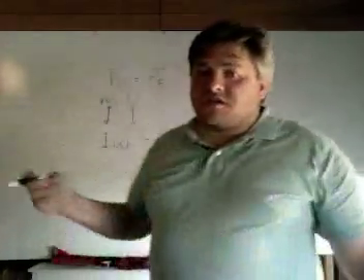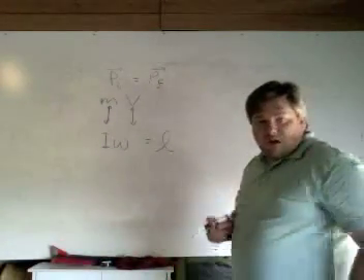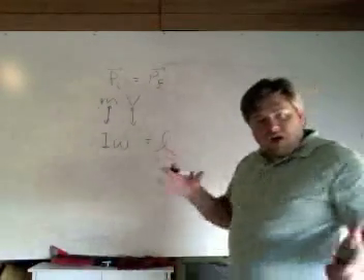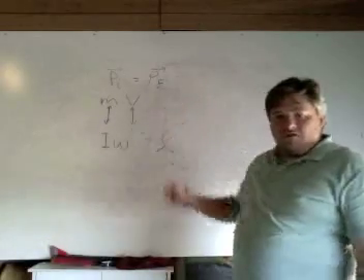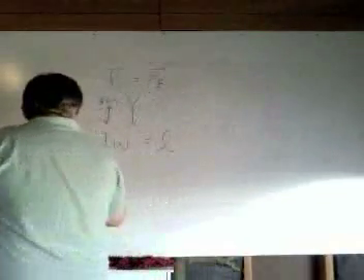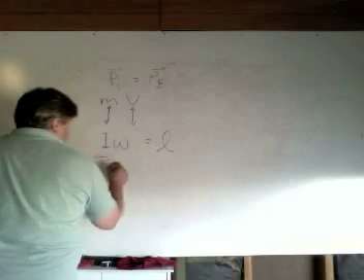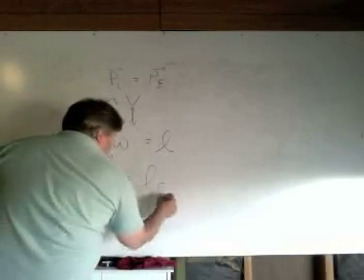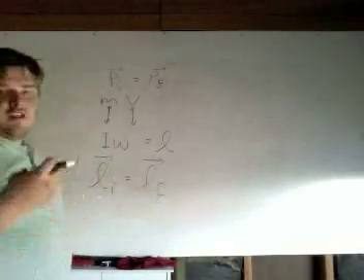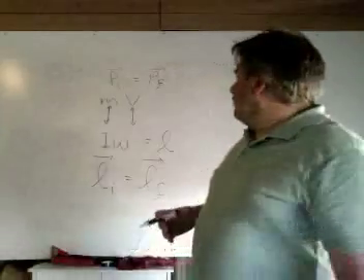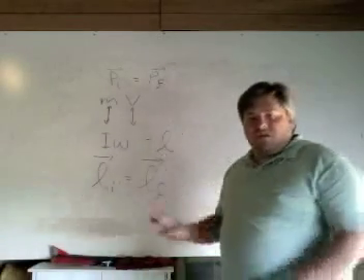In rotational equivalency, it's L. Okay? So when we talk about linear momentum being conserved, we can talk about rotational momentum being conserved. Same principle, nothing different. It's just instead of linear motion, rotational motion.